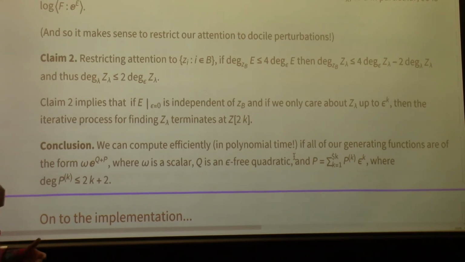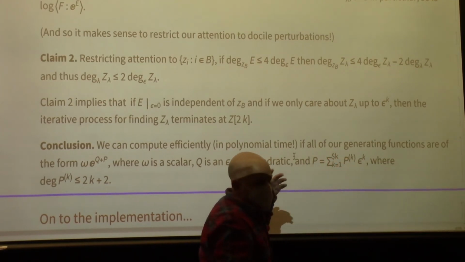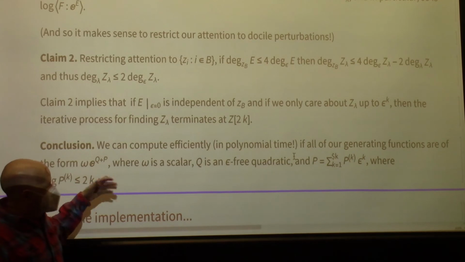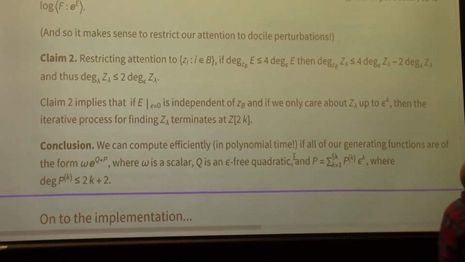And to do this, you have to iterate a finite number of times. In fact, the number of times is twice k. So finite and not so large. So you have to iterate a fixed number of times performing this calculation. And this is a calculation which happens in finite dimensional space.